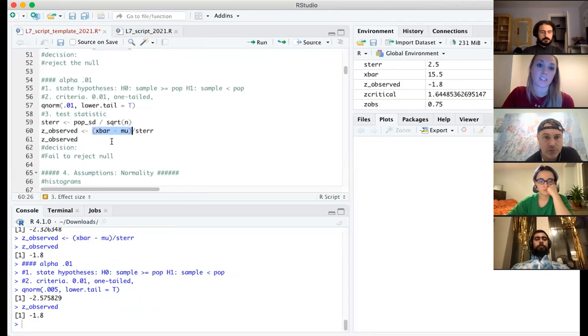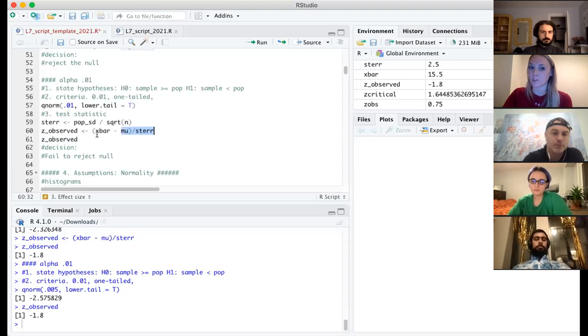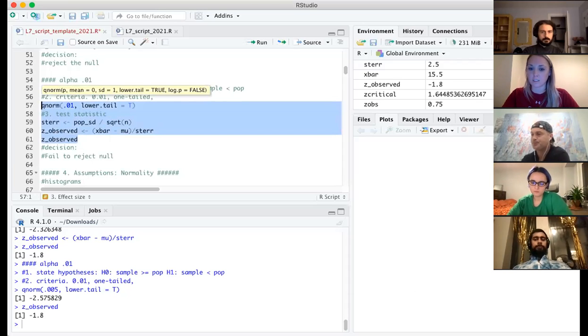It's always my error also, because if you just do X bar minus mu divided by standard error, R, because of order of operations, will divide mu by the standard error first. Yeah, I think that's what I'm doing. I can pop this into the chat. Oh, I think I figured it out. Let me try again.